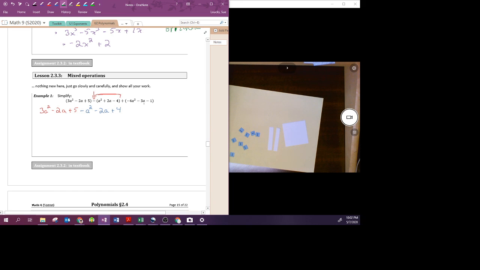And then nothing here is changing because I'm just adding it. So again, I could put plus negative 4a squared, but I'm just going to put minus 4a squared minus 3a minus 1. So the important thing is that the coefficient of these ones has not changed. It's still negative. These ones have all changed their sign, and these ones, because these are added to 0, right? You start off with 0, they stay the same.